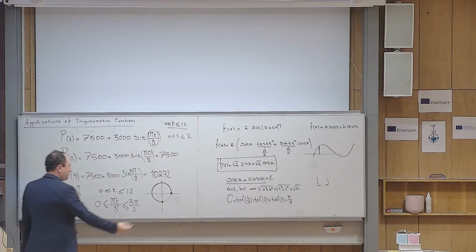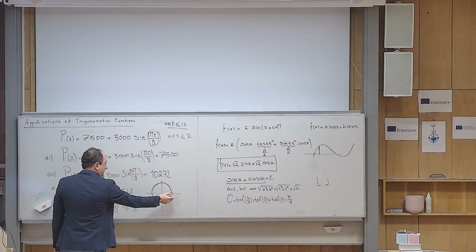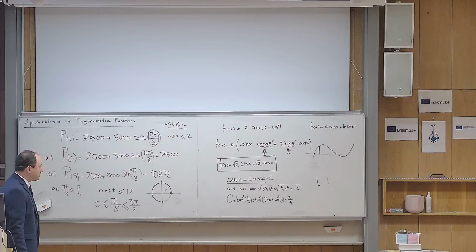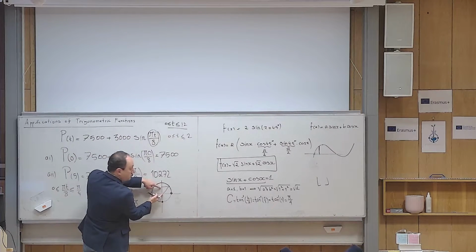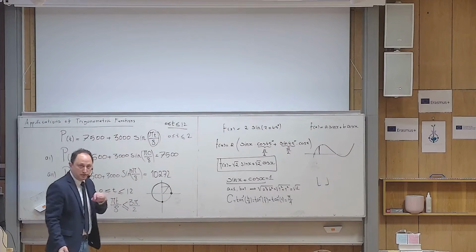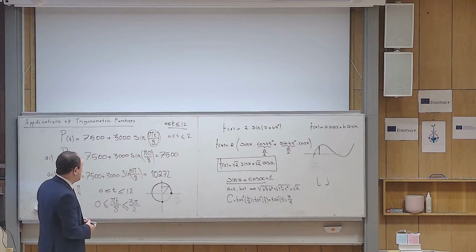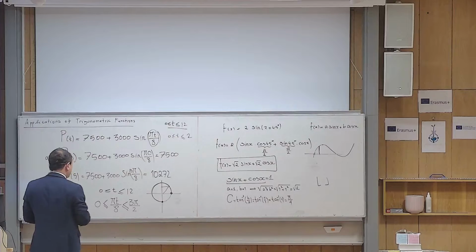So then the angle starts from here, but doesn't have time to reach its peak. It reaches only the middle one. And then of course the maximum is not 1. The maximum is this much. So this is important to understand the role of the given interval.